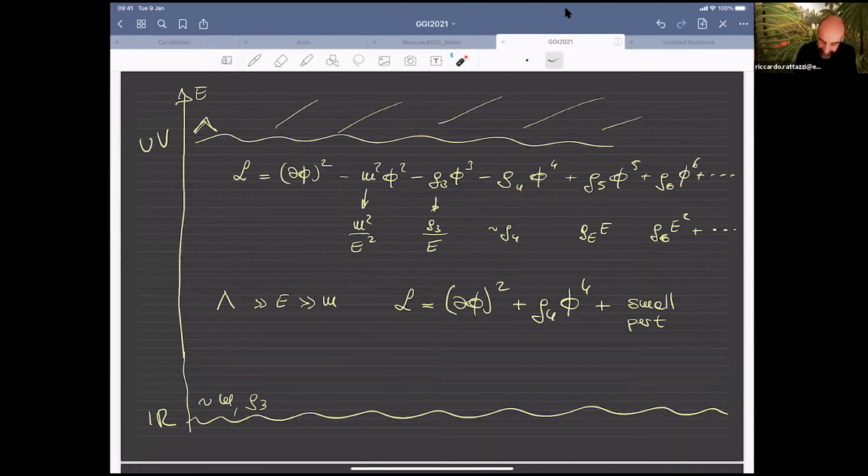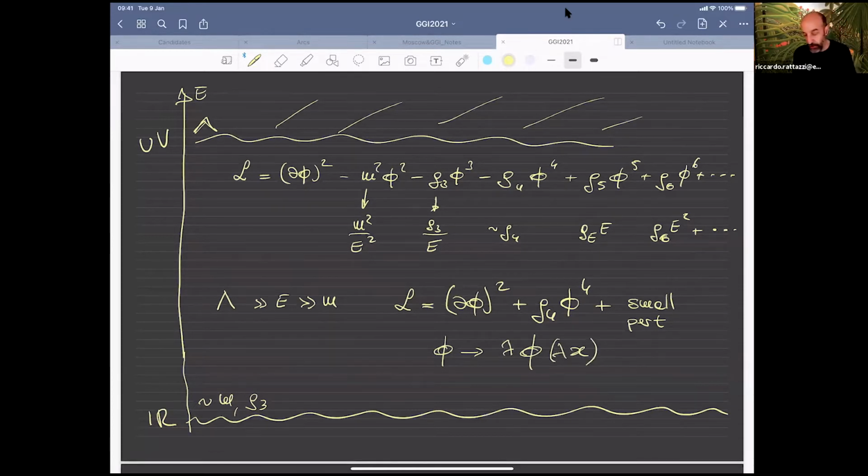And so in this intermediate range, the physics is dominated by the purely dimension 4 Lagrangian. So what is peculiar with this Lagrangian? The first thing that is peculiar is that it is approximately scale invariant. Okay, it's approximately invariant under the symmetry phi goes to lambda phi, x goes to lambda x.